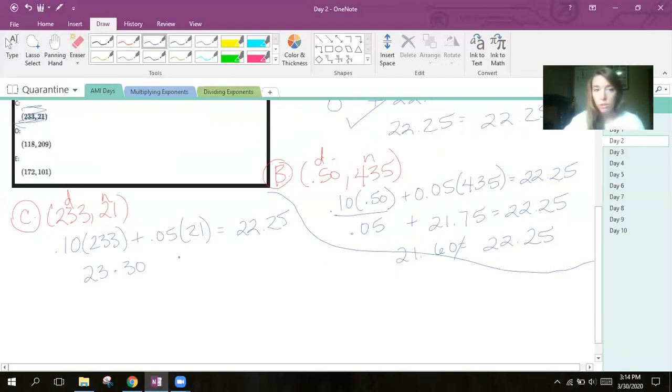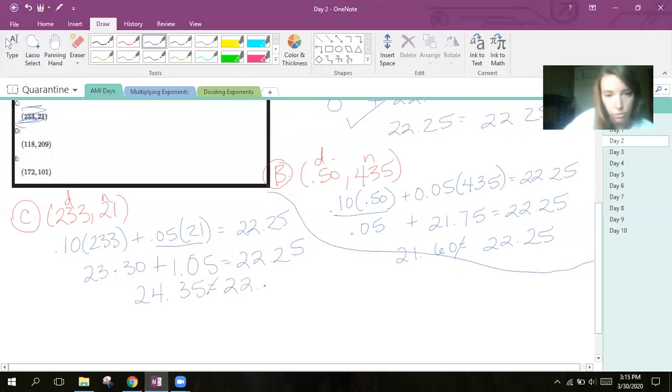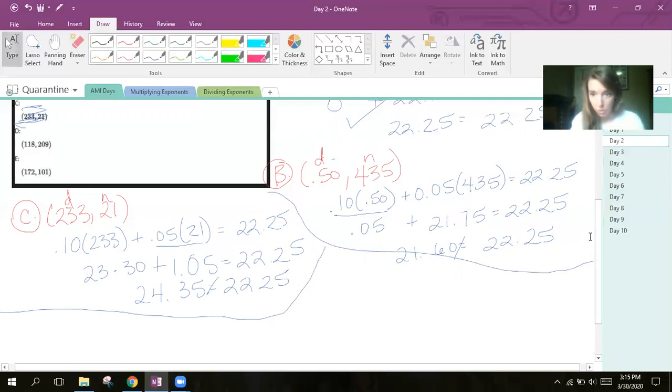And for those of you that don't see it, if I were to multiply these two things, it's going to give me 1.05, and if I add those two things together, I'm going to get 24.35, which does not equal 22.25. Mark that off.